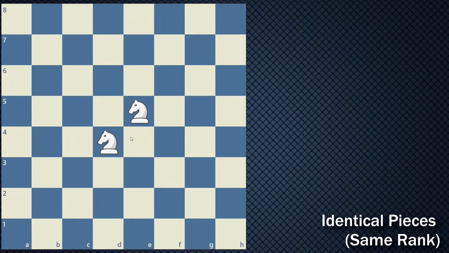If I want a very specific knight to move to f3, I'll say knight on e moves to f3. So I will write it like this: capital N, lowercase e, because I'm showing that it's going to be this vertical column of where the knight is located, and then say f3.